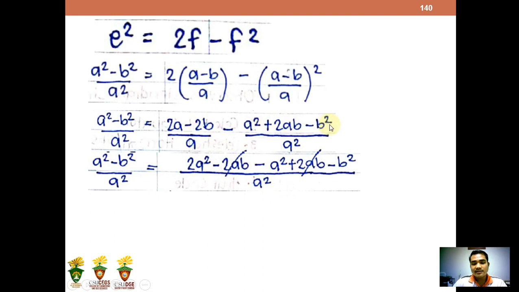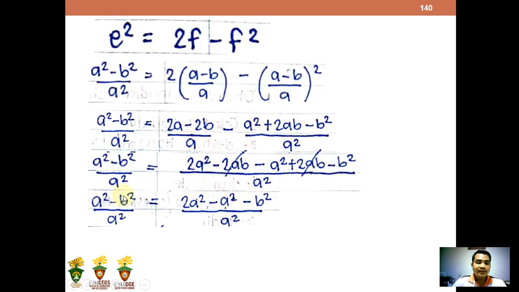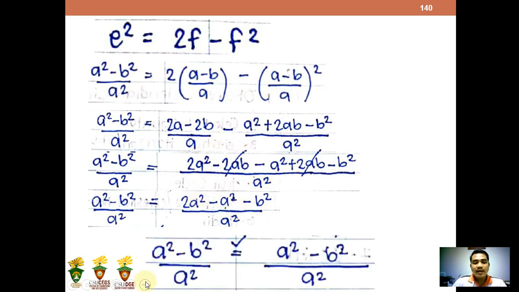And we just copy the denominator since it is the same. So we have minus a squared plus 2ab minus b squared. Cancel the 2ab, so what remains is 2a squared minus a squared plus b squared. So 2a squared minus a squared is equal to a squared minus b squared over a squared.